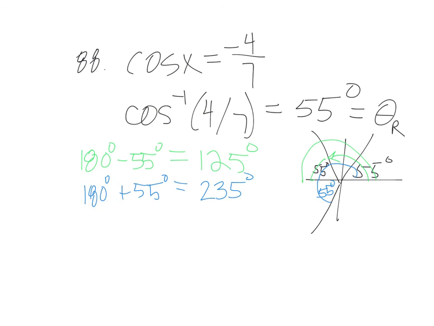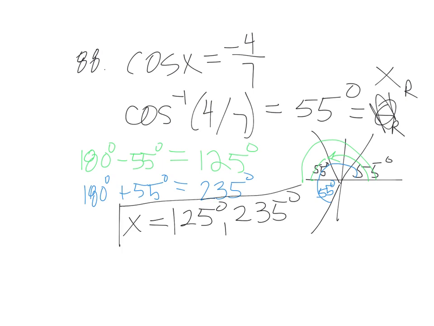So our solution is, was it theta or x? Oh, it was x. And it should have been x sub r, not theta sub r. But hopefully you understood what I was trying to accomplish there. So our solution would be 125 and 235. And then just mind your rounding as far as to the whole degree, tenth, etc.